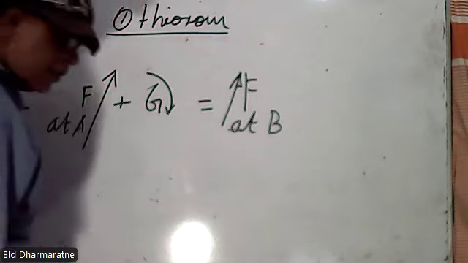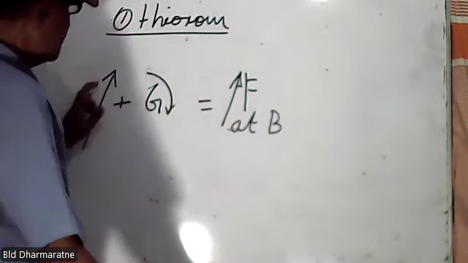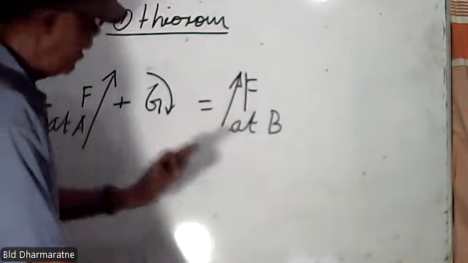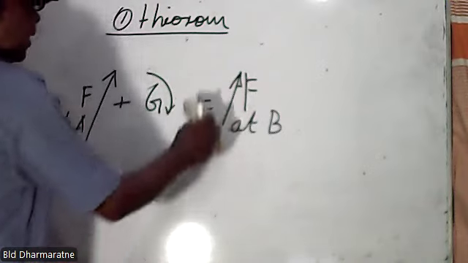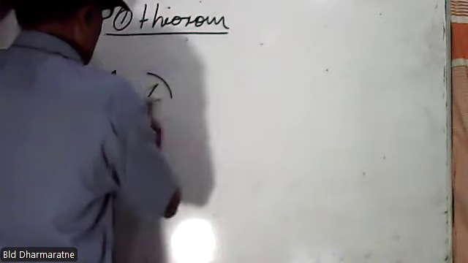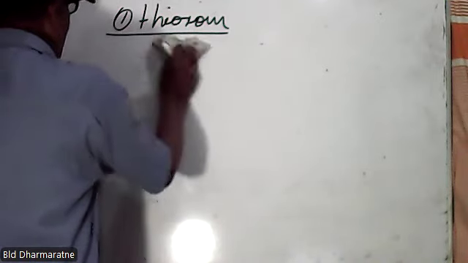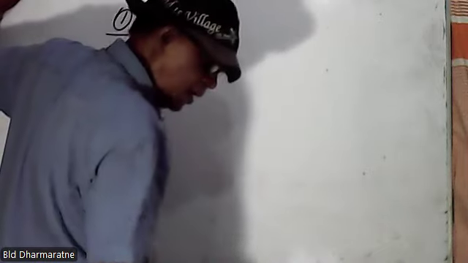How to illustrate this? It is very easy to see. The same force F is given. A force and a couple can be replaced by a force at another point.